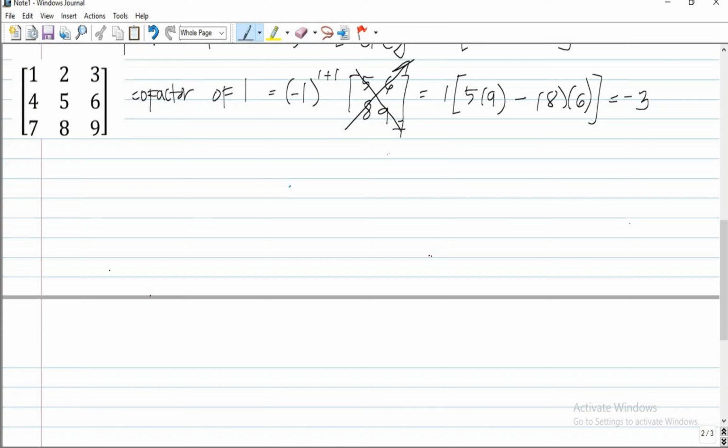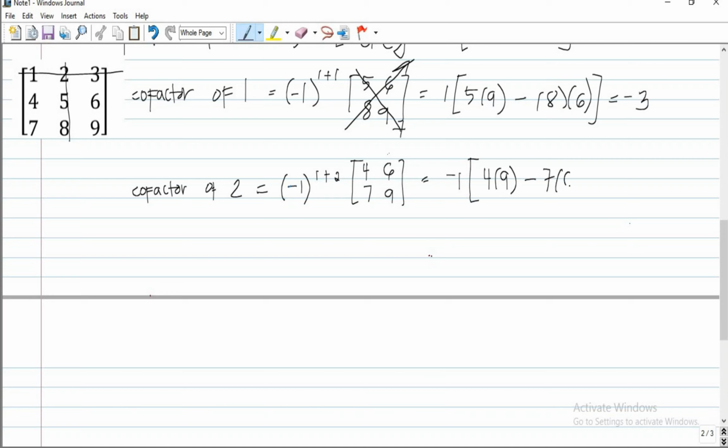Let's try to solve for the cofactor of 2. That is equal to negative 1 raised to 1 plus 2. That is 3. Kita ko lang ulit. Kung andito yung pivot, yung hindi covered ng pivot, is 4, 6, 7, and 9. So, this is equal to negative 1 multiplied by 4 times 9 minus 7 times 6.